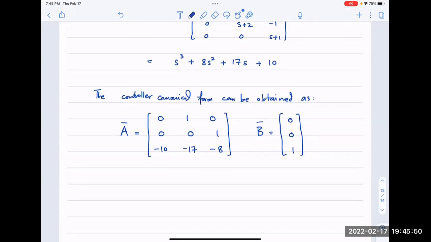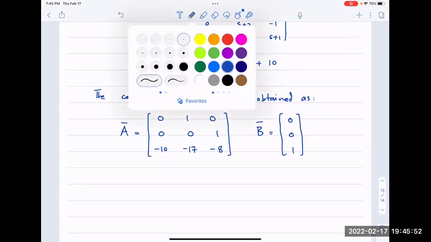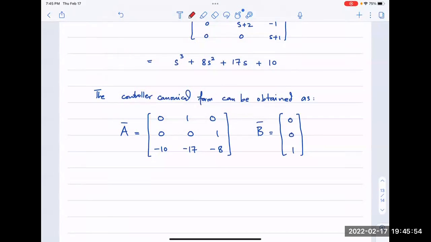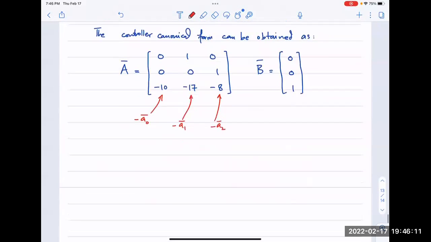So it's a standard B, and the last row is the most important. This is basically minus a0 bar, this is minus a1 bar, and this thing here is minus a2 bar. So step one is okay.